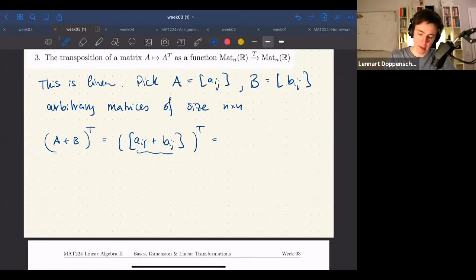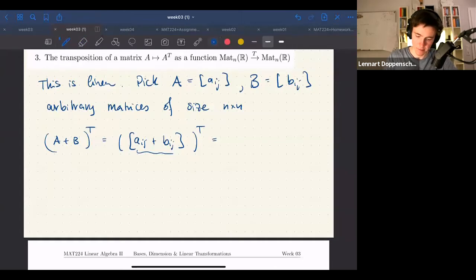So what I'm saying is that if you write this out, maybe doing an explicit example, 2 by 2, 3 by 3, is helpful. But what we can observe is that if you sum together the components and then we just flip the entry to the opposite side of the diagonal, then it's still the sum of the two entries. And it doesn't matter whether we flip it first.